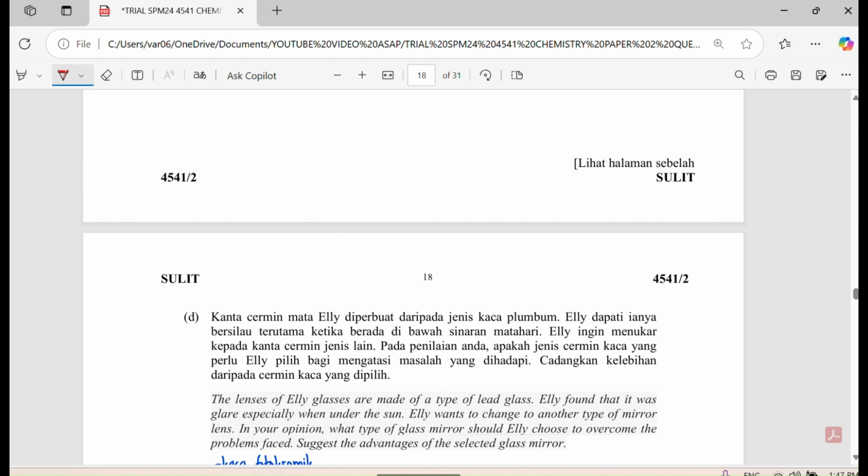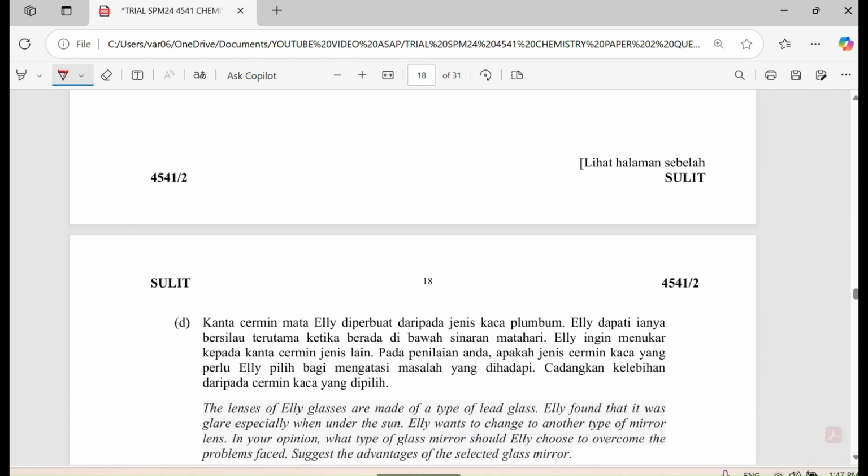Okay, right. The next one. Cermin mata Ellie diperbuat daripada jenis kaca plumbum. Ellie dapati ianya bersilau terutama ketika berada di bawah sinaran matahari. Ellie ingin menukar kepada kanta cermin jenis lain.